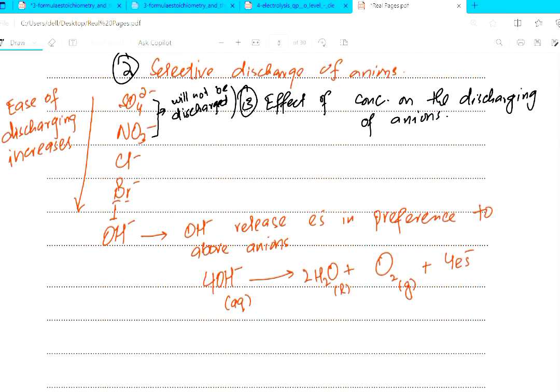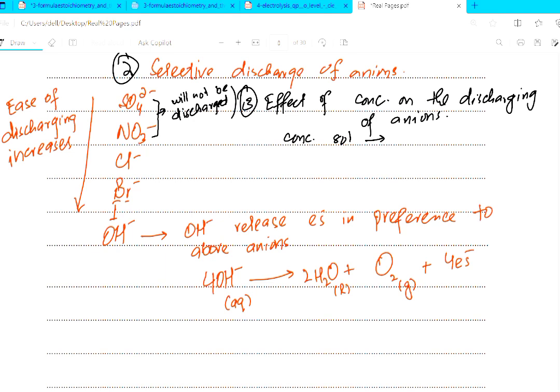So, effect of concentration. When we have a concentrated solution, then the selective discharge of anions, the process, or you can say simply the trend of discharging of anions, will be reversed.